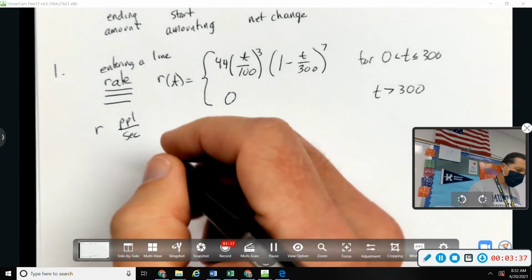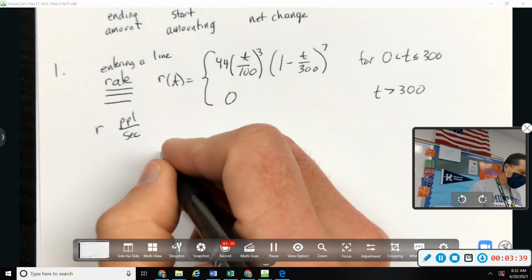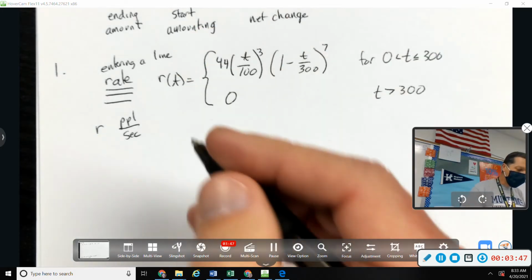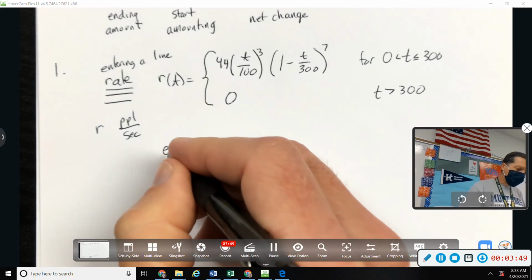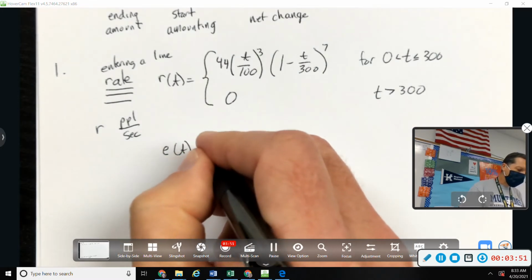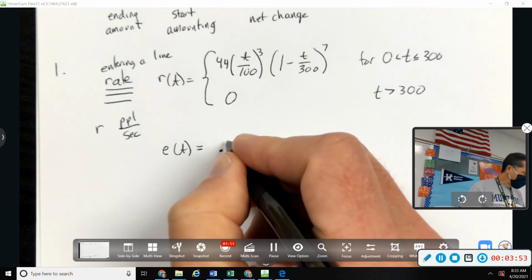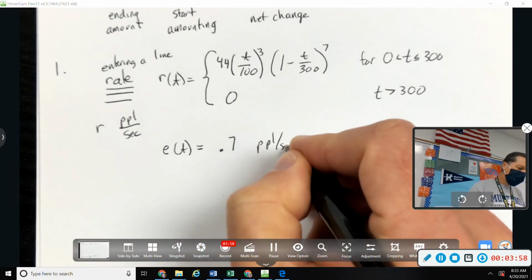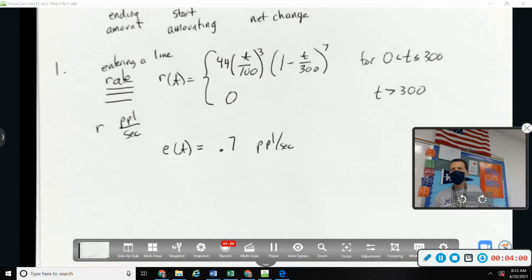So I may want to write that down, and maybe call it something. R is the rate getting on. I need a letter to mean rate getting off. I don't want to use R, though. I'll use E for exiting, exiting at 0.7 people per second. A constant. So that's good. At least part of this problem may be easy.